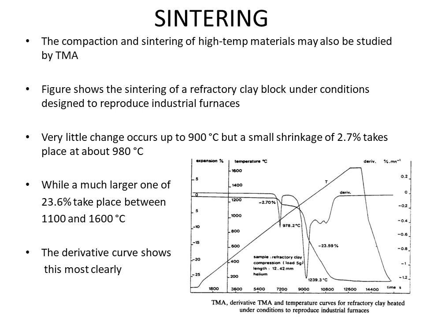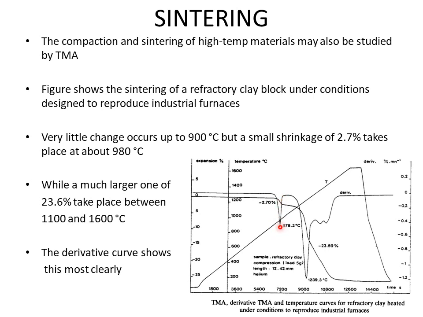If we look at the derivative TMA curve, we see that there is a slight, very little negligible change up to a temperature of 900 degrees centigrade, and then there comes the dip, and this dip shows the shrinkage in the sample.